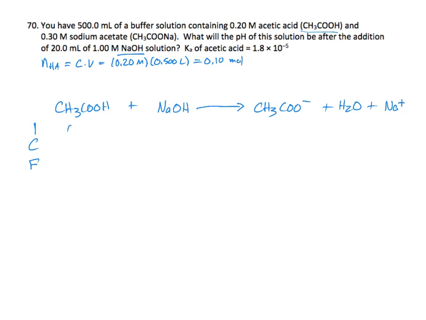Put that in our table, 0.10 moles at the beginning. Same thing, moles of the conjugate base, A minus, which is the sodium acetate, is concentration times volume, is 0.30 molar times 0.500 liters, is 0.15 moles. Put that in our table.